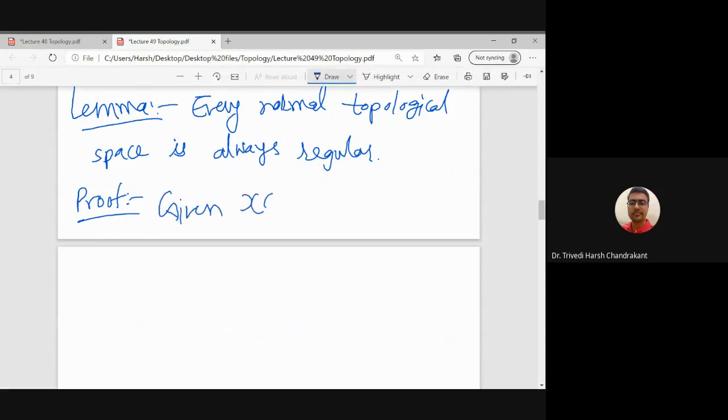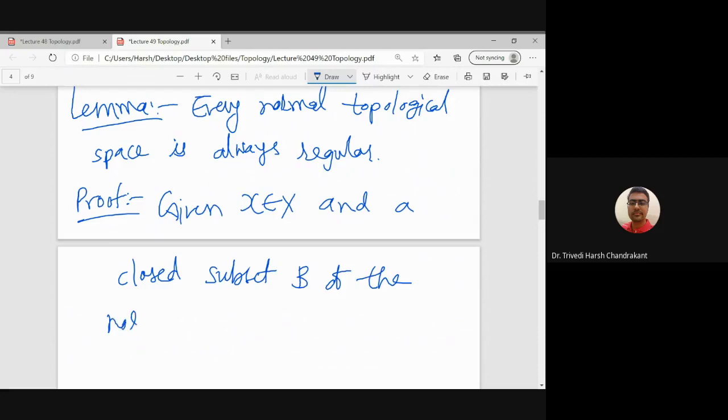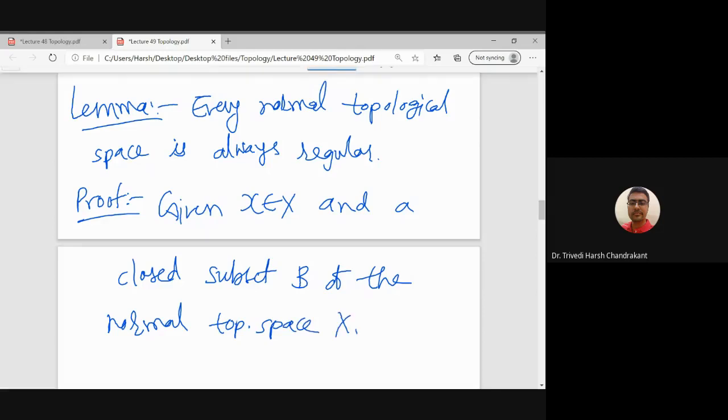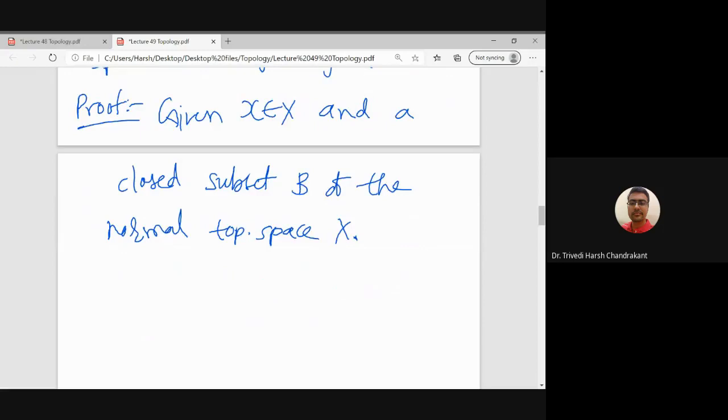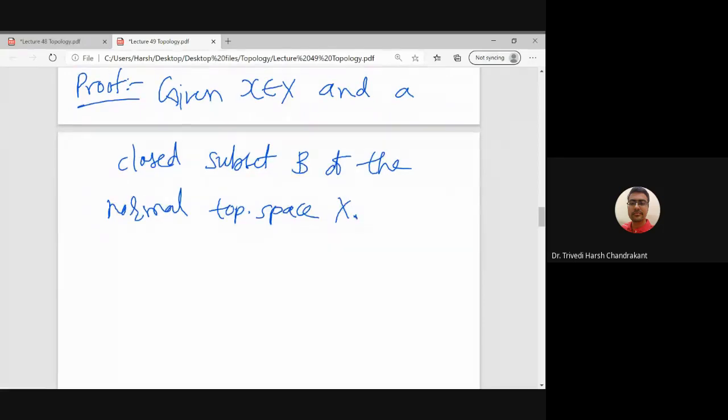So given x an element of X and a closed set B of the normal topological space X. Now if I want to use the property of normal, I have to choose two closed sets.